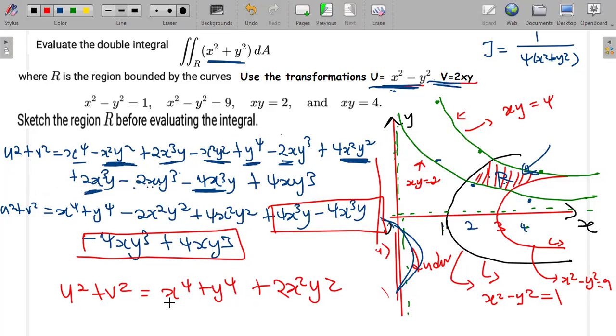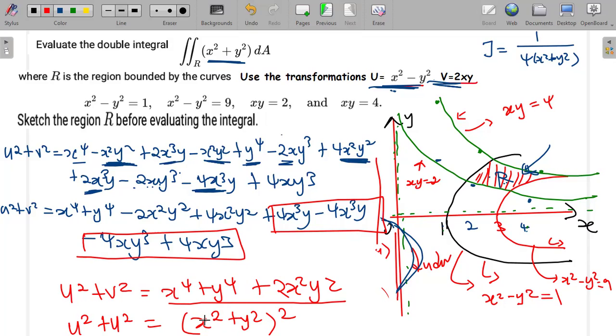But now notice that this one here is just the square of x squared plus y squared. So I'm going to write it as x squared plus y squared to the power 2. When I expand it, I will get this one.